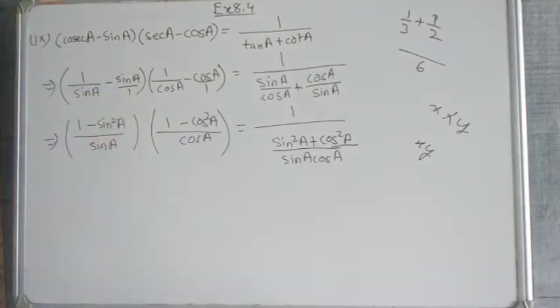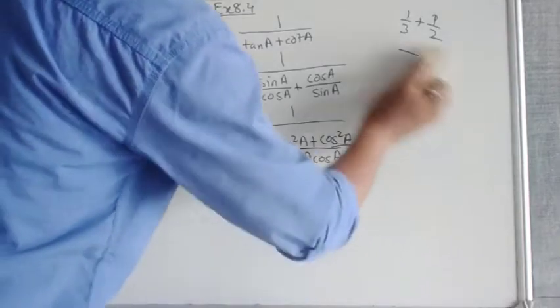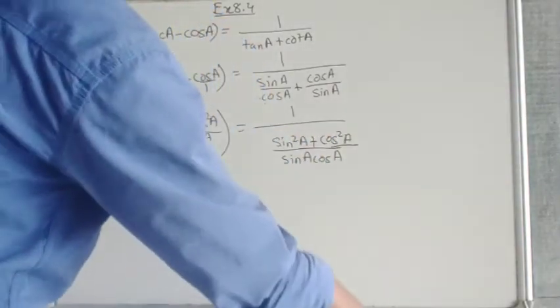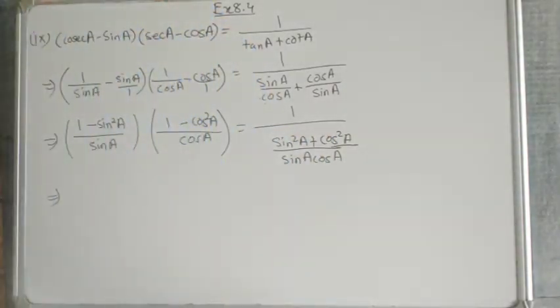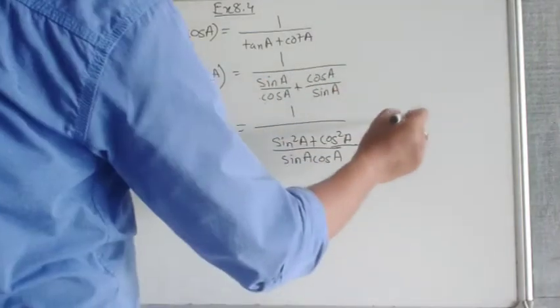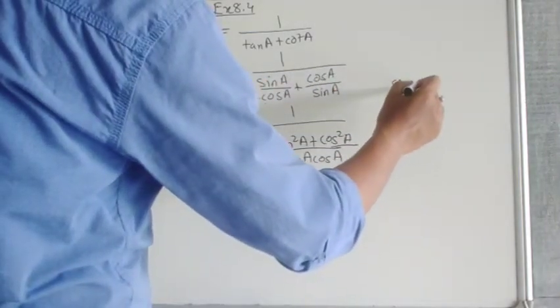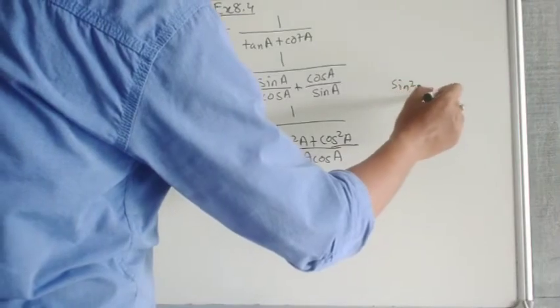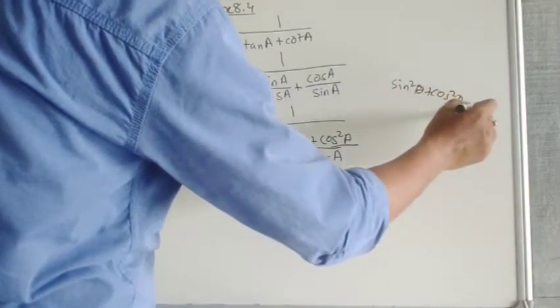Now here we will use that first rule of the trigonometric identity. What is your first rule? Sin square theta plus cos square theta equal to 1.